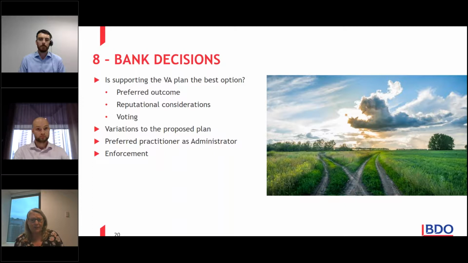Because the deed of company arrangement plan may not come from the directors, it can come from other parties. So the bank as a creditor will get invited to that meeting and get all those notices, and they can vote.